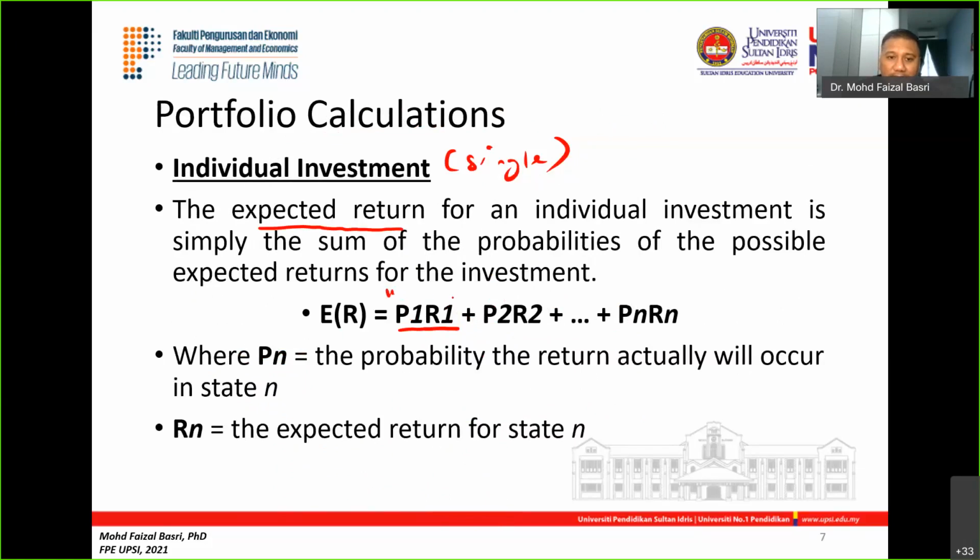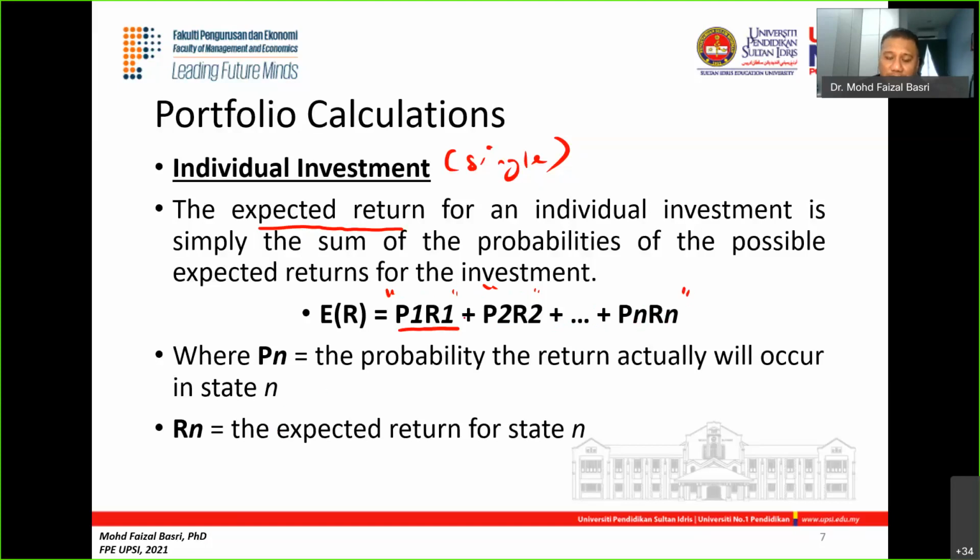So this is one set, plus the second probability multiplied with the respective return for that particular probability. Regardless of how many probabilities, we're going to end with Pn times Rn. So n here refers to the maximum number of probabilities and also returns.